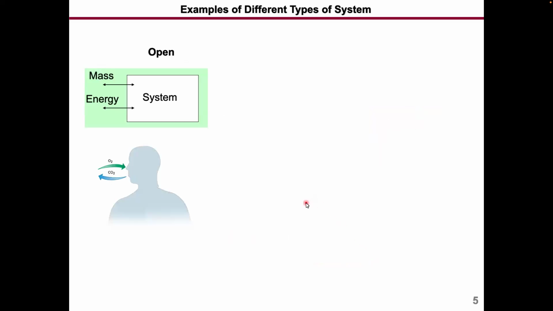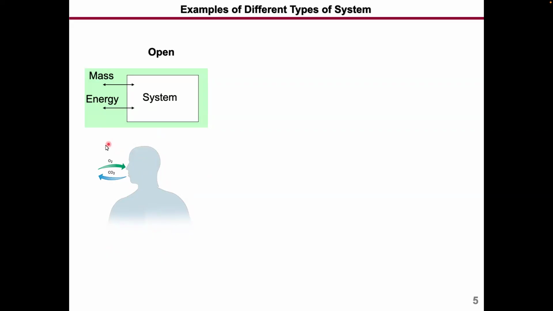Okay. Now, like I promised, I'm going to show you some examples of different types of systems. The first one is the open system. If you imagine a human body, you are constantly inhaling oxygen and giving out carbon dioxide, right? So if you select a human, or yourself, as the system, then everything else is your surroundings, basically the air surrounding you, right?